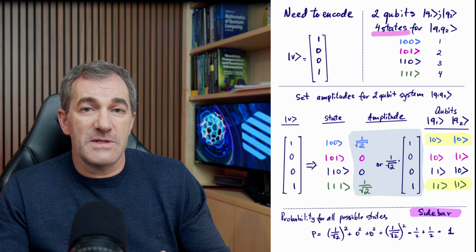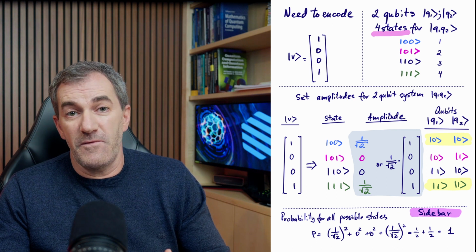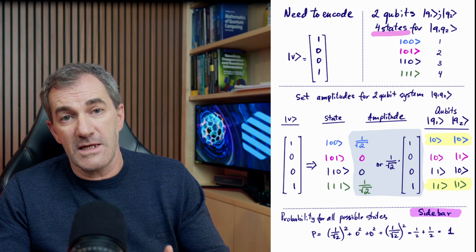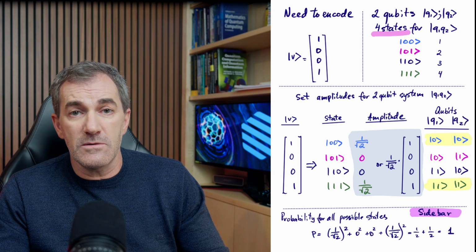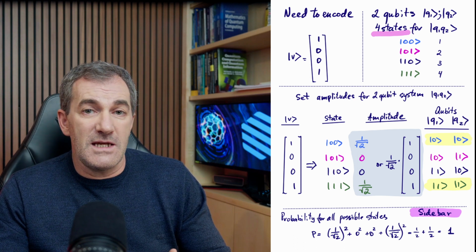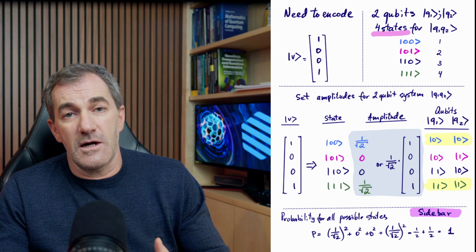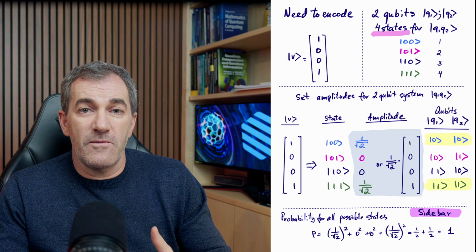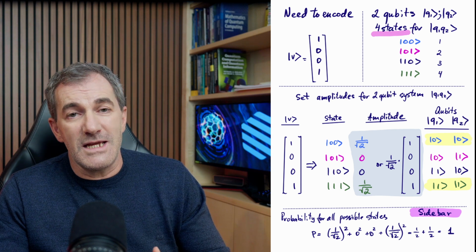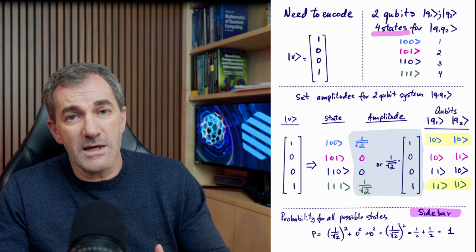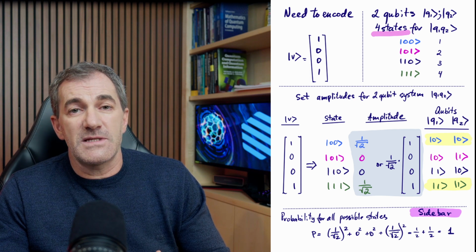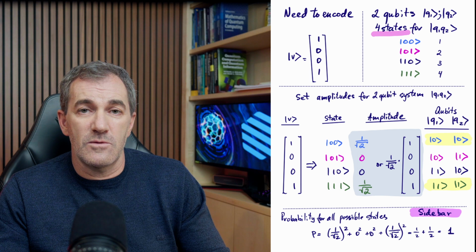So we need to set up a system where the amplitude for the first state 00 is equal to the amplitude of the fourth state 11, and they are non-zero, and amplitudes for states 2 and 3 are equal to 0. So given that the probability of all 4 states must be equal to 1, we will be encoding vector 1 over square root of 2 times vector 1001.